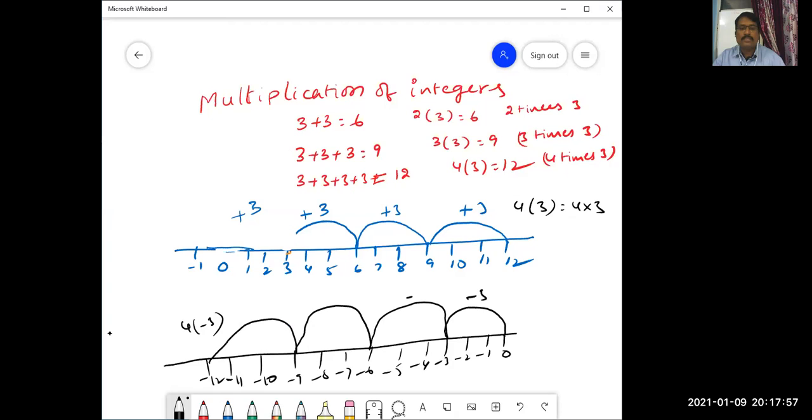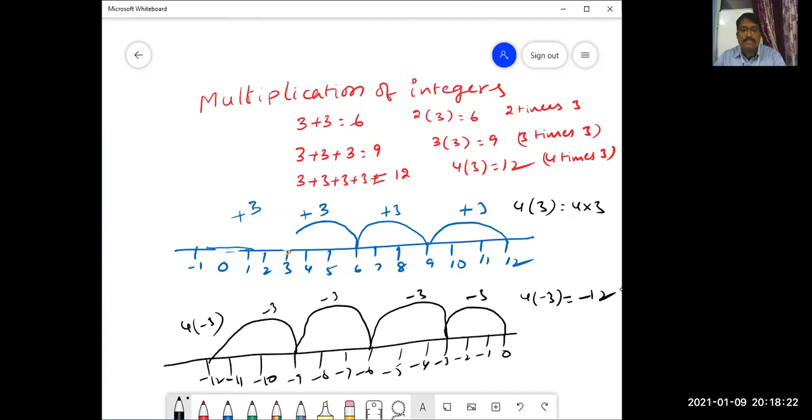So minus 3, minus 3, minus 3, minus 3. Then 4 into minus 3 is equal to minus 12.